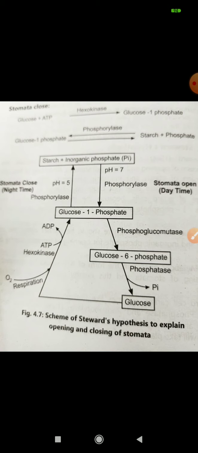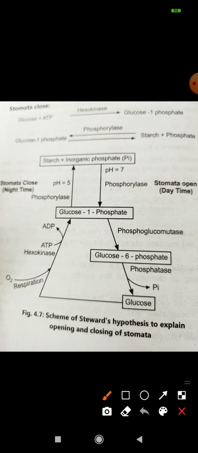So, some of the reactions related with the opening of stomata that Stewart has given here.